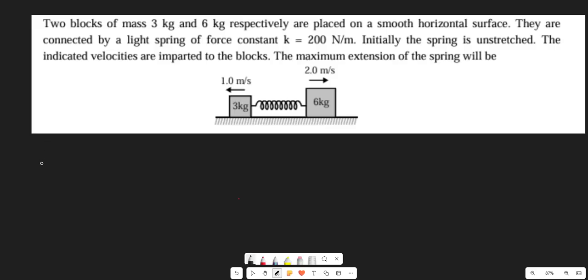So K initial plus U initial, which is potential energy initial, is equal to K final plus U final.